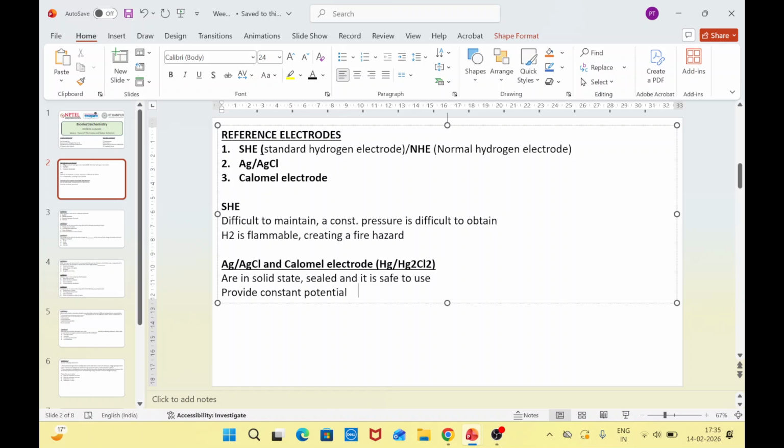So typically the reaction for the calomel electrode is something like this, plus electron. Is it fine?